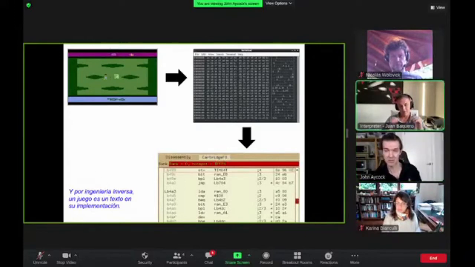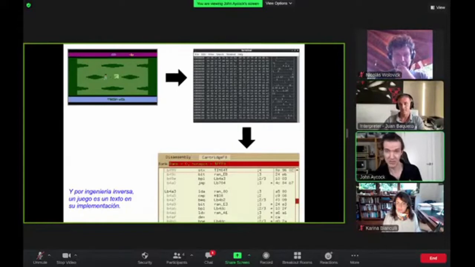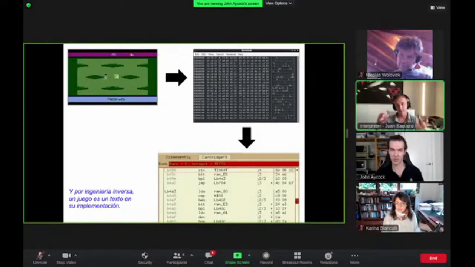And of course, we can disassemble that machine language to create a more human-readable version that is increasingly recognizable as a text. And as a text, it's fair game for history, correct?